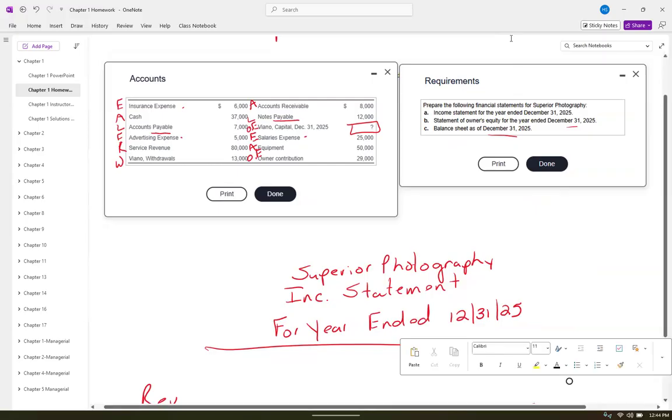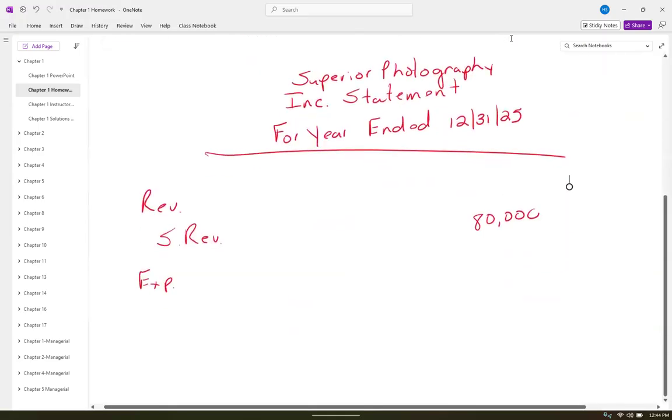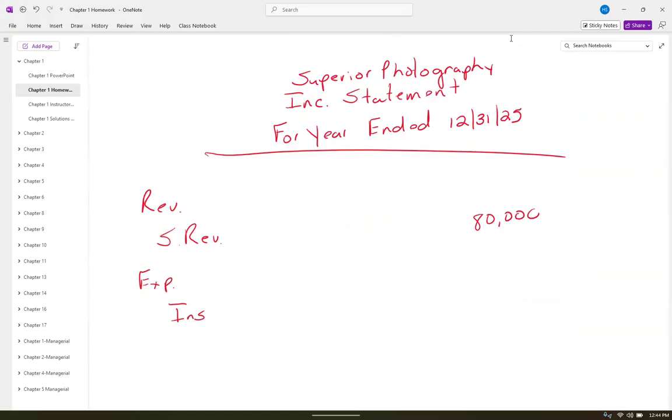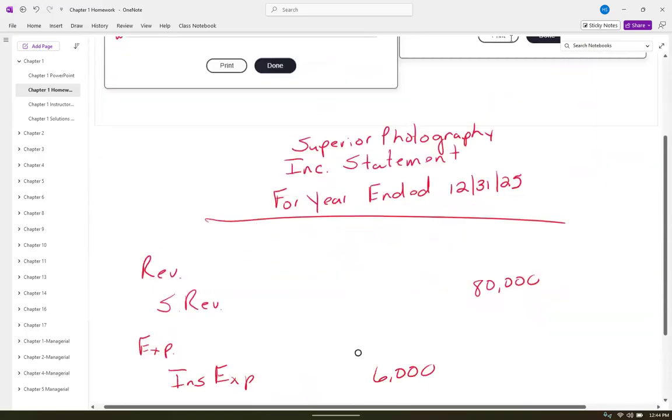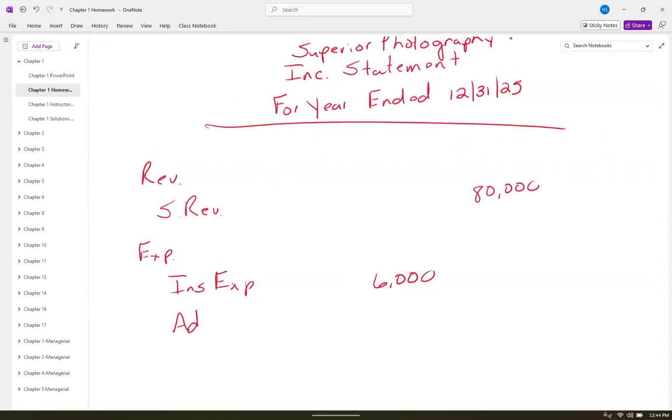We have insurance expense, and that was 6,000. And then I believe advertising expense, and that was 5,000. I have a few of the numbers written down on a piece of paper here, so I'm not having to scroll up too much. And then we had salaries expense of 25,000.